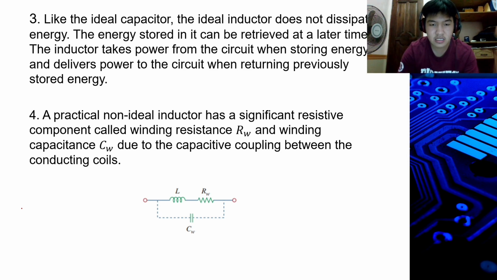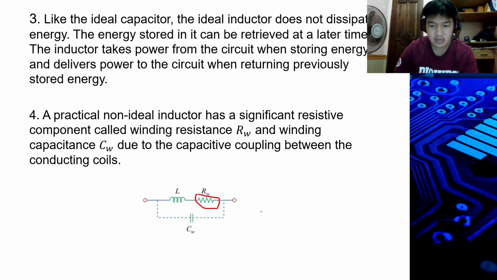For example, in the inductor there is winding resistance. So, what is it? Winding resistance. It is the coil of the inductor that causes loss. Okay? This wire has resistance, however small. And since the inductor is made up of wound wire, therefore there's a resistance.